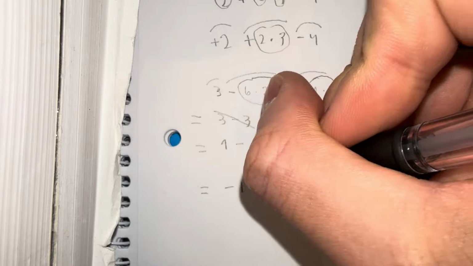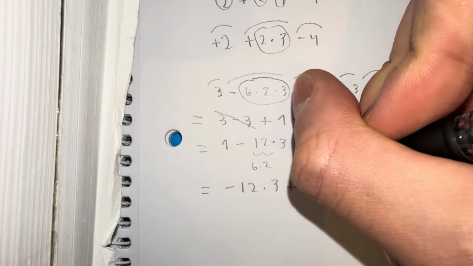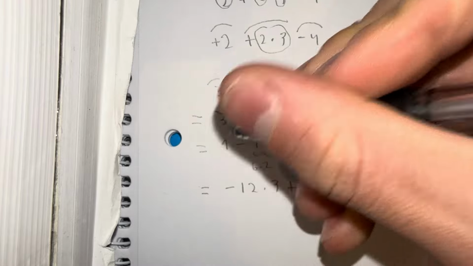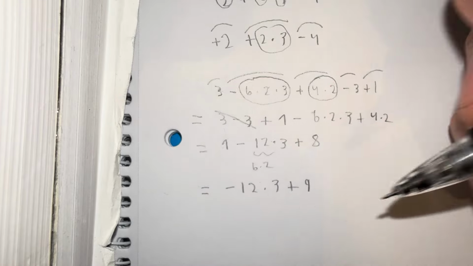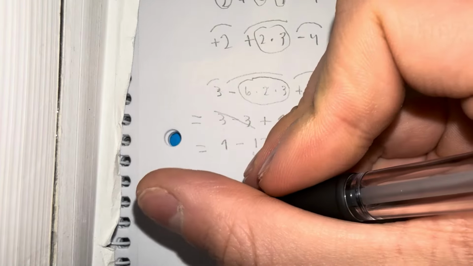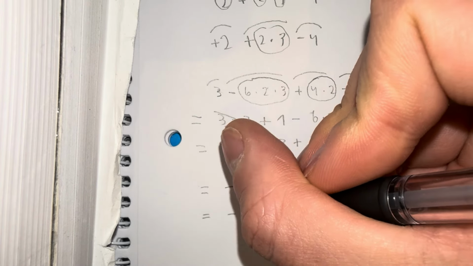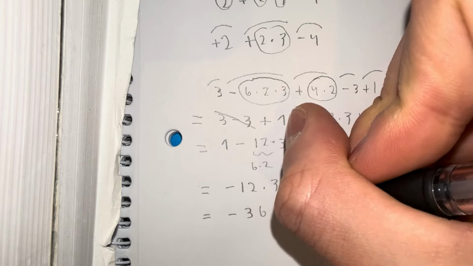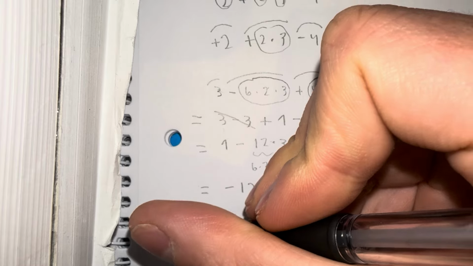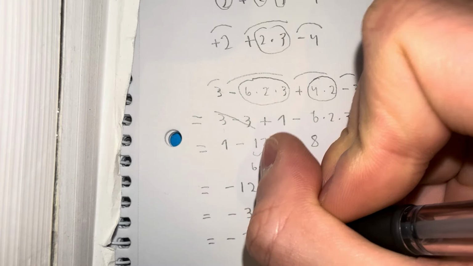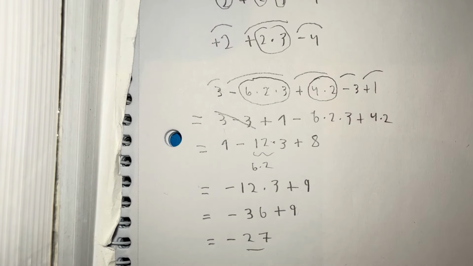So minus 12 times 3 plus 9. 12 times 3 is 36, negative 36, plus 9, negative 27.